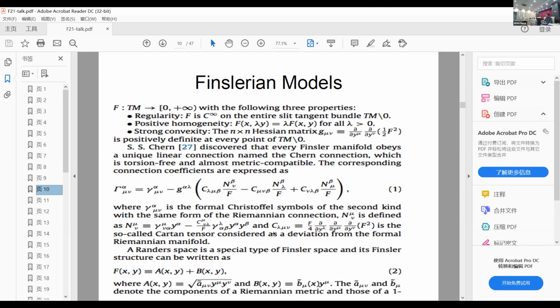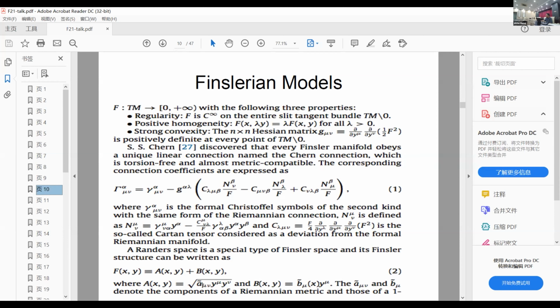In this setting, we have a special type named Randers space, which means you have a special Finsler form. With this form, we name this kind of Finsler geometry Randers, which is a simplified Finsler geometry. I should have mentioned small y is the coordinate on the manifold, and little a mu nu is just the Riemann geometry metric.